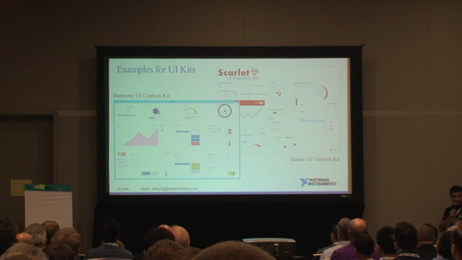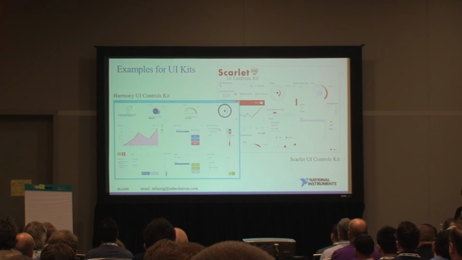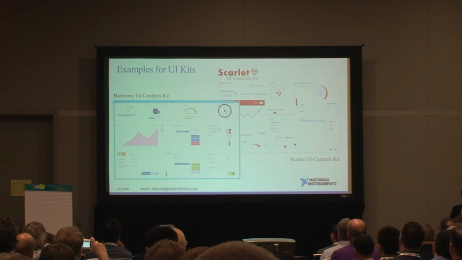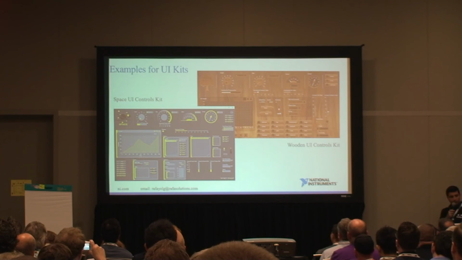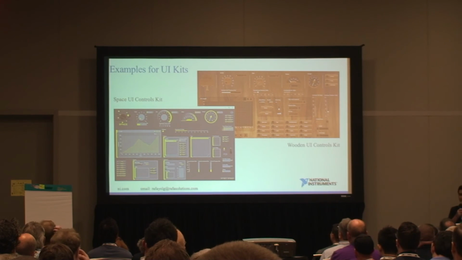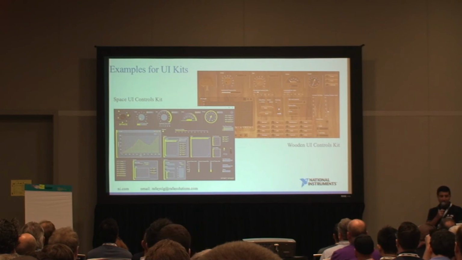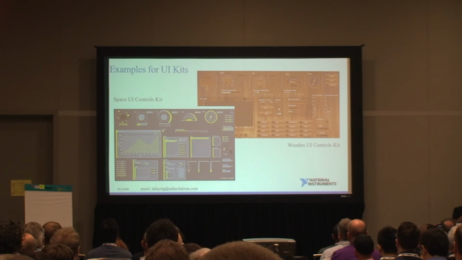The Harmony UI controls kit is in this color range. There is another one, red and gray, which we call Scarlet. There are more, like the Space UI controls kit for industrial applications. A very fancy one, with a wooden interface, which you could use if you are developing a menu for some restaurant with LabVIEW.